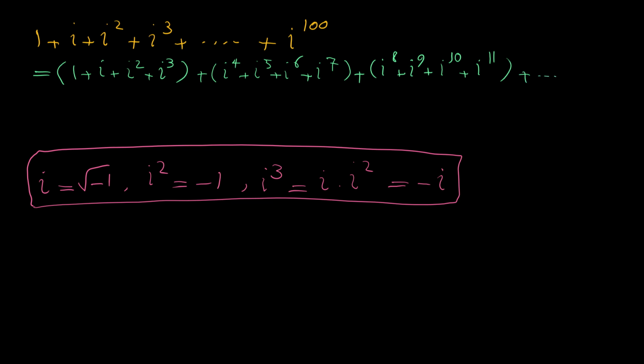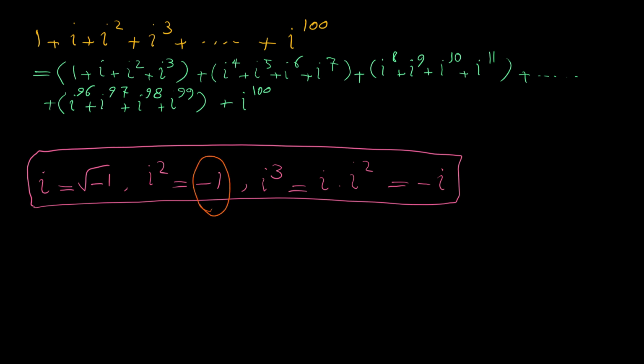If we continue writing this, finally we have a term with i to the power of 96, i to the power of 97, i to the power of 98, i to the power of 99. And the final term would remain by itself, i to the 100. So we can write this sum in this form. It should be clear.